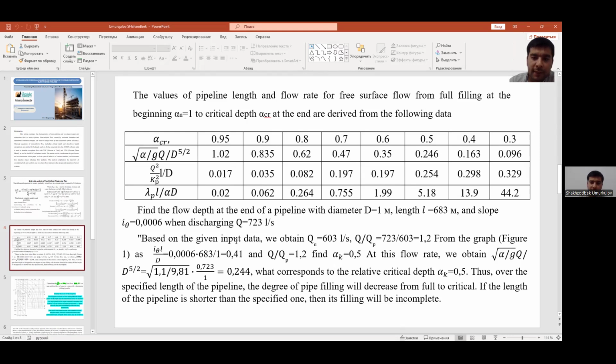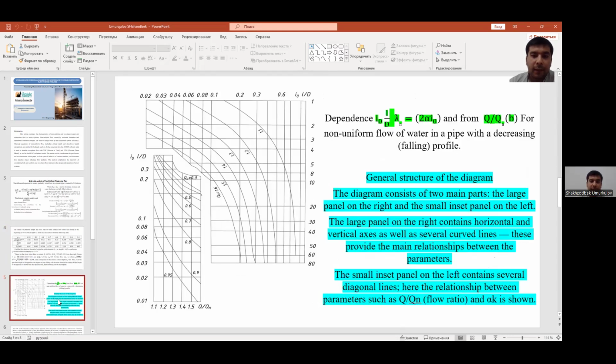According to the analysis and data, the relative critical depth is almost 0.5, and along the length of the pipeline the degree of pipe filling will decrease from full to critical. If the length of the pipeline is shorter than the specific one, then its filling will be incomplete.